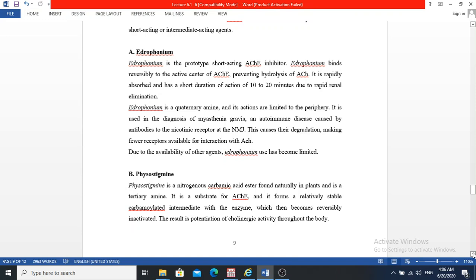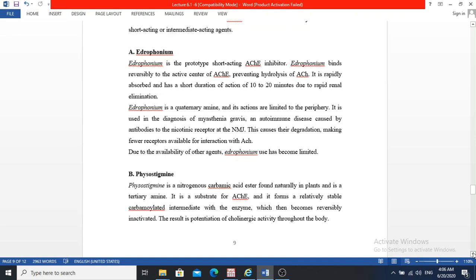This causes their degradation, making fewer receptors available for interaction with acetylcholine. So it is used for the detection of myasthenia gravis, an autoimmune disease that causes degradation of the nicotinic receptor at the neuromuscular junction. So edrophonium is used for this diagnosis.